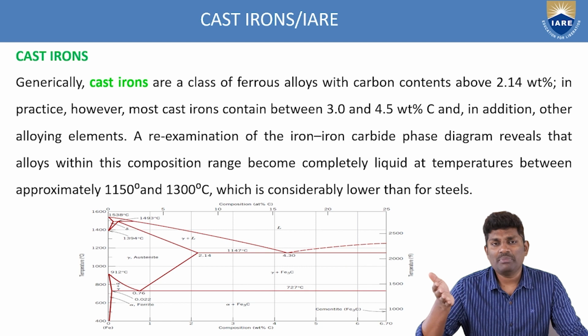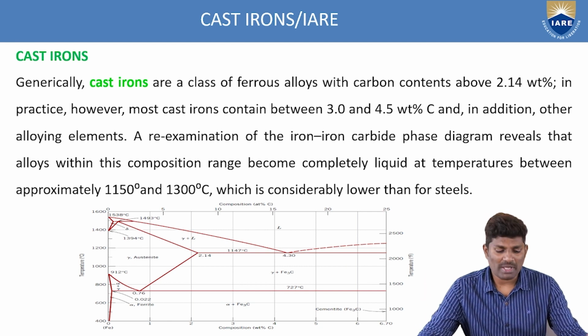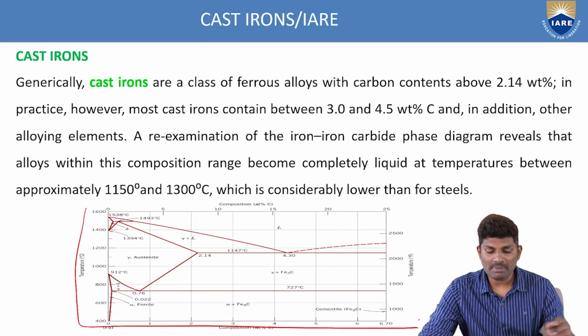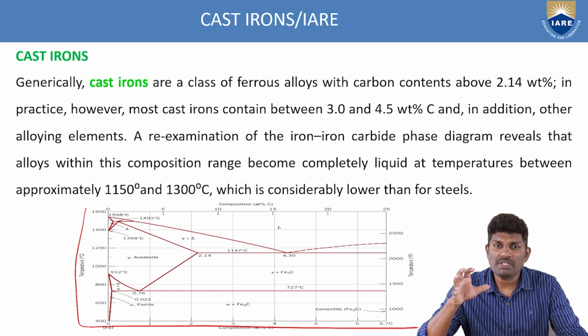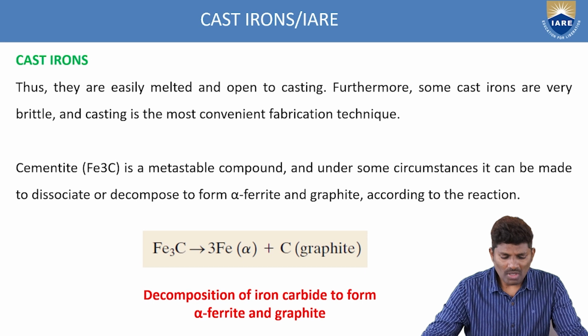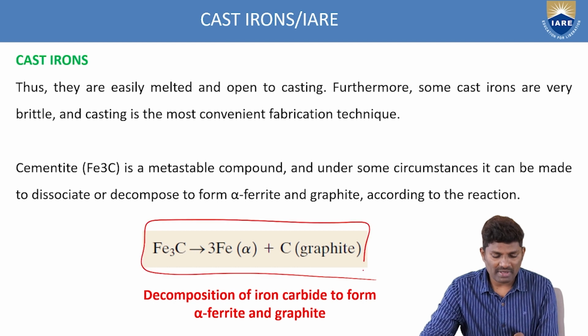So as we discussed in the previous session, the cast irons and steels are classified based upon the iron carbon phase diagram. Based upon this iron carbon phase diagram, we are classifying the cast iron as well as the steels based upon the weight percentage of carbon. Again, we get the cast iron by decomposition of iron carbide into ferrite and graphite.